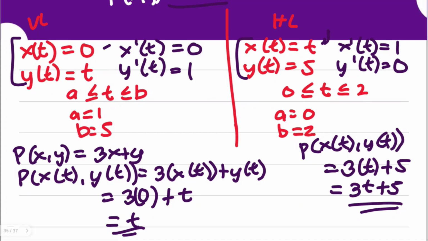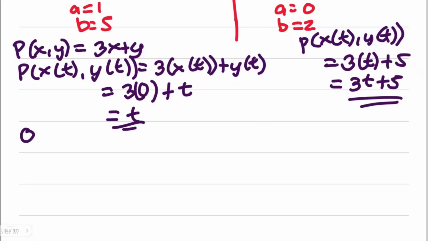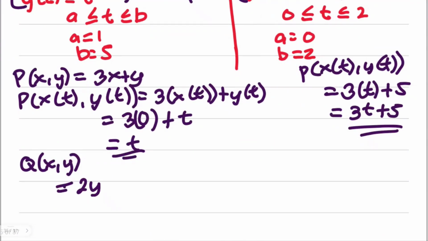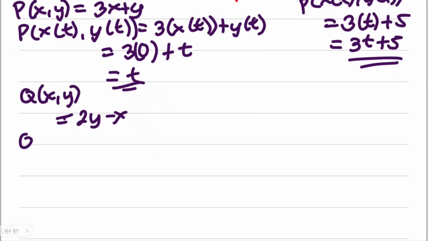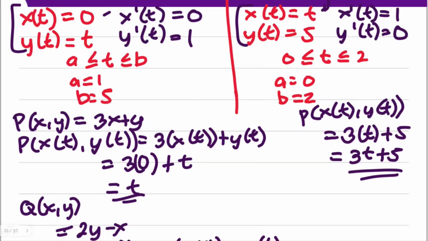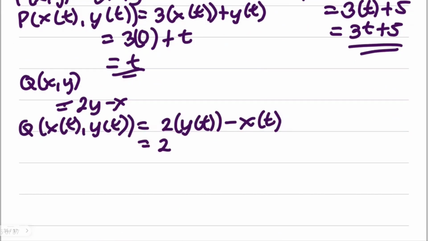Similarly, our q of x of y is identified earlier as 2y minus x. So if you would like to come up with the q of x of t and y of t, you will have here 2 of y of t minus your x of t. Your y of t for your vertical path is t. So you have 2 times t minus 0, that's 2t.